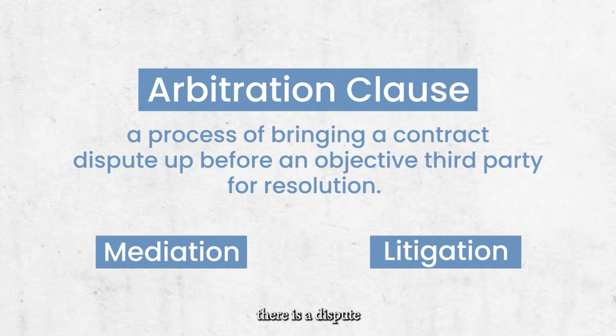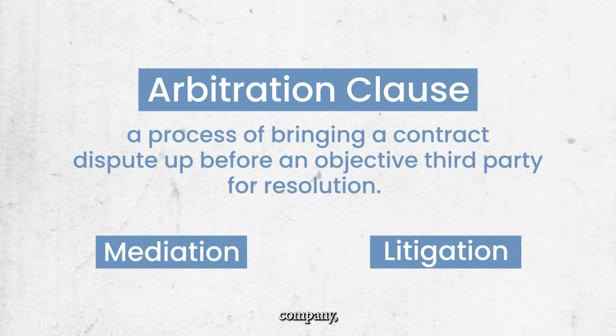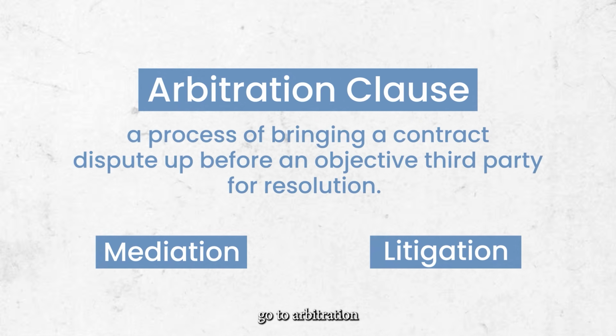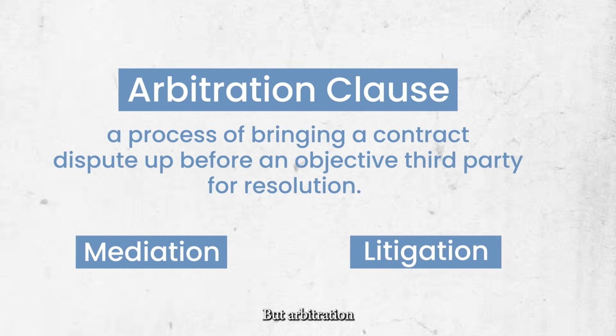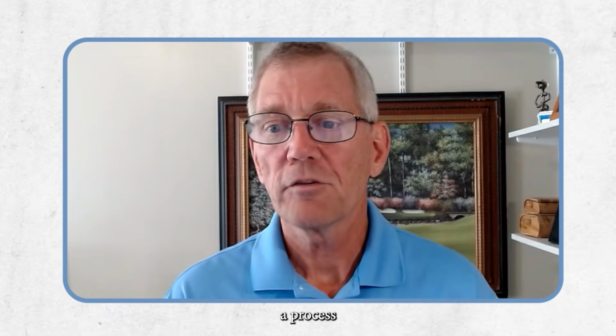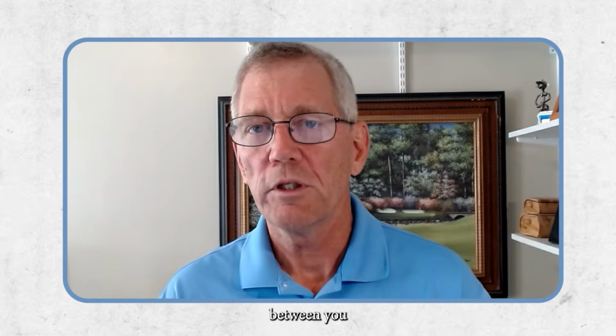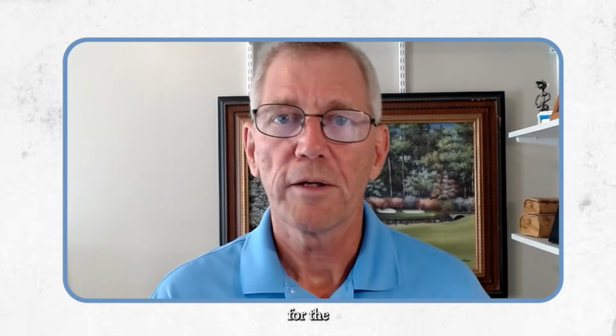So whenever there is a dispute between you and your insurance company, oftentimes it will have to go to arbitration, depending on the state law, of course, and depending on the contract. But arbitration is simply a process to bring a dispute between you and your insurance company to an objective third party for the resolution of that issue.